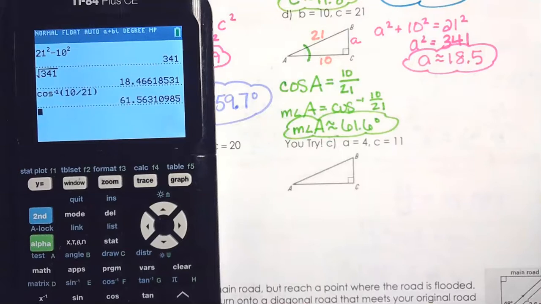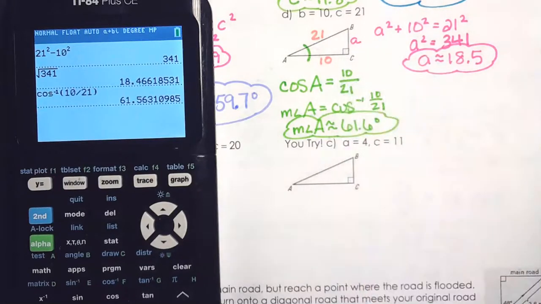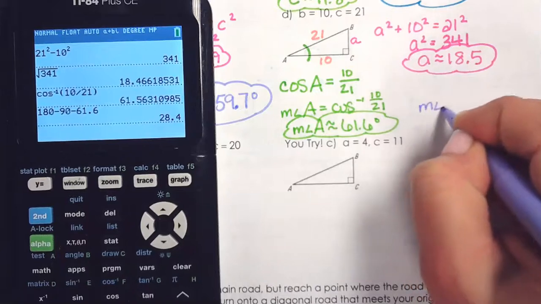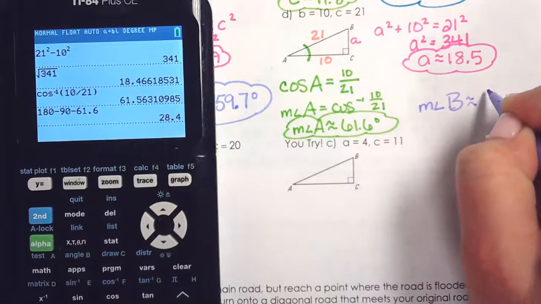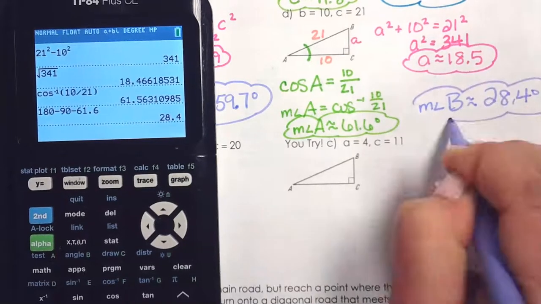Remember, don't chop off the decimal. Look to the right and see if we have rounding to do. And then what's a quick way we could find the measure of angle B? Just subtract 180 minus 90 minus 61.6. That gives me that the measure of angle B is about 28.4 degrees.